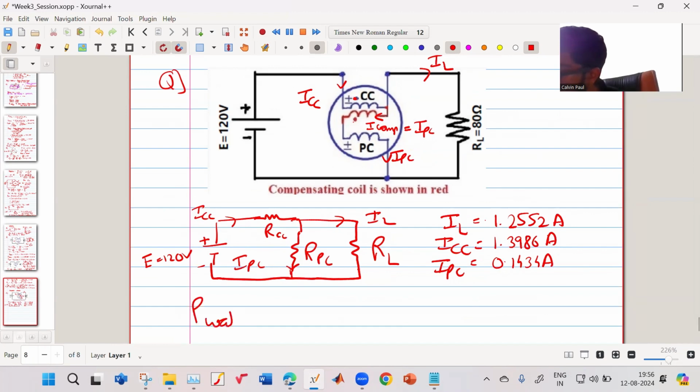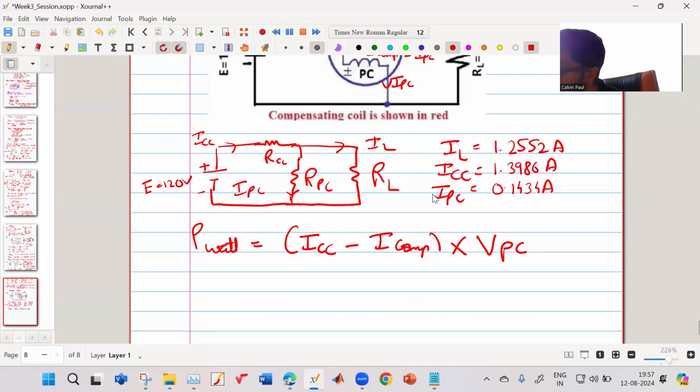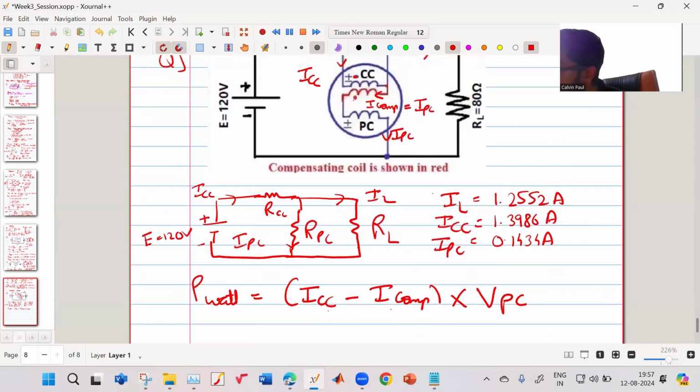So the wattmeter will read the current in the current coil minus the current in the compensating coil into the voltage across my pressure coil. Right? So that will be equal to my ICC minus I compensating, and my I compensating is my current in the pressure coil. That is equal to my ICC minus my current in the pressure coil into my VPC. Okay.